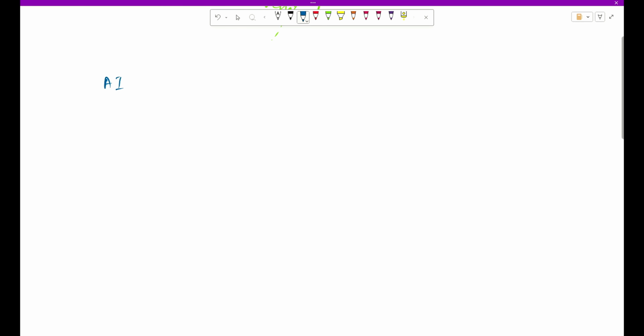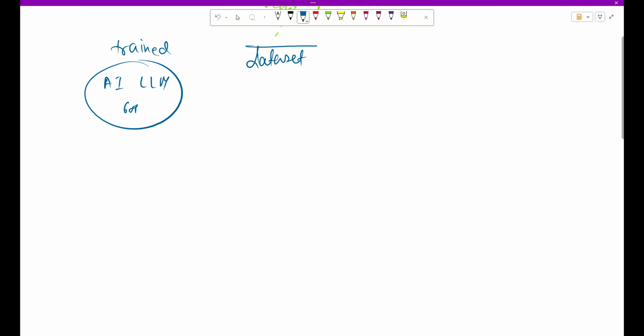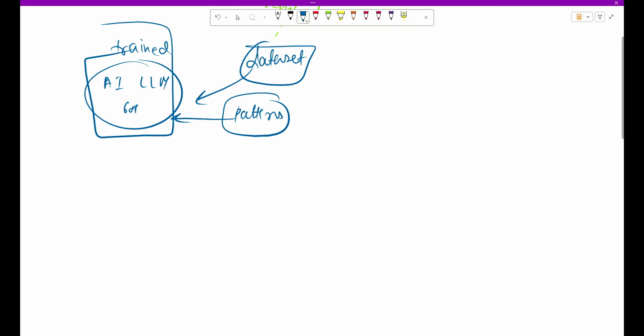As you know, every AI LLM bot is trained on some data set, trained upon some patterns, and this so-called trained AI LLM bot will be giving you results based on these patterns and the trained data sets.